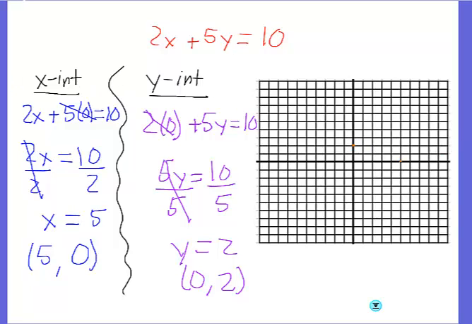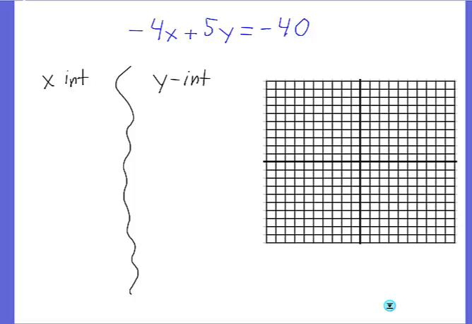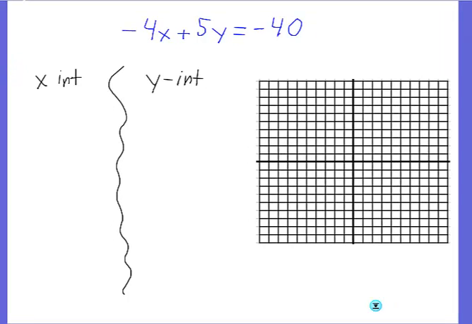Now that we know our 2 intercepts, we can just graph the line. Okay. And there's the graph of 2x plus 5y equals 10. Okay. So the process to graph an equation in standard form is you must first find your x-intercept, then you must find your y-intercept. You have 2 points, and you can graph them. So again, I'll just do this one pretty quickly.